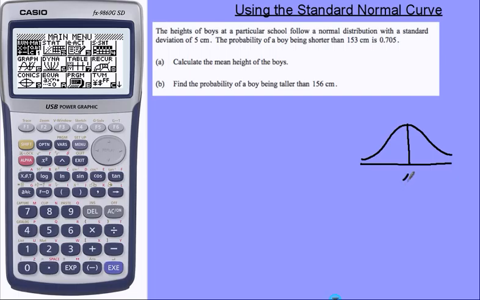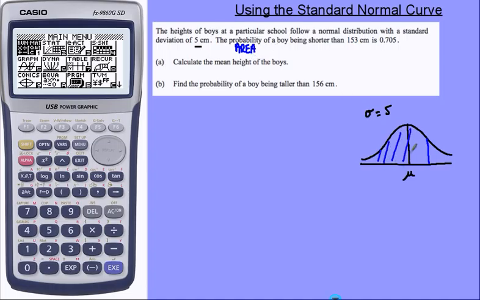Centre line, the line of symmetry there, is the mean average, mu, and we don't know that, and that's the problem, I think. And sigma, we're told, is 5. We're also told that 70.5%, 0.705, remember probability always means in these questions area.